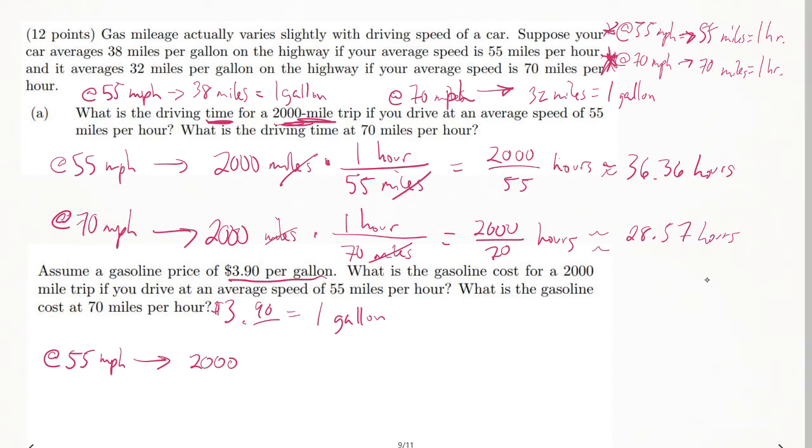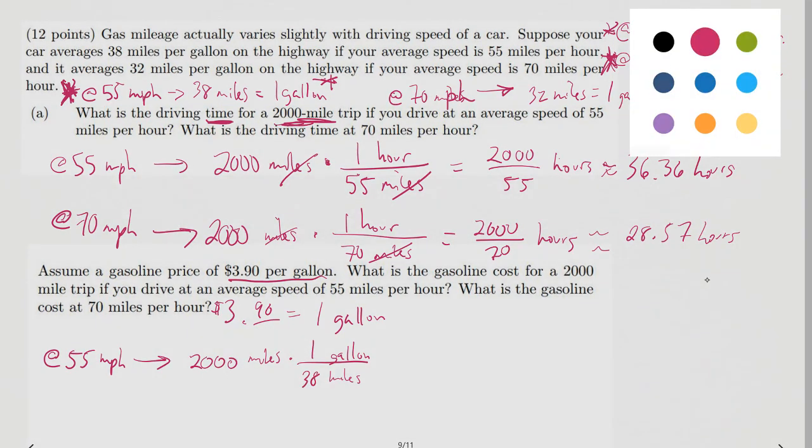And the only place we can use gallons is the fact, and I'll just star that right now. At 55 miles an hour, you have 38 miles equals 1 gallon. And so we'll use that. So we have 2,000 miles times. We want to cross off miles and we want to convert it to gallons because that'll give us a nicer conversion. So notice the conversion rate, we have 38 miles equals 1 gallon.